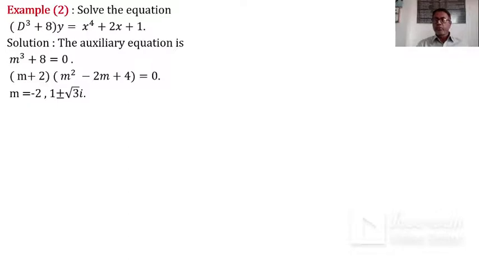If we find the roots of this, then we get m is equal to minus 2 and 1 plus or minus root 3 i. Now one root is real and non-repeated and the other two roots are complex conjugates of each other and non-repeated. Now we know how to write the solution corresponding to the roots.